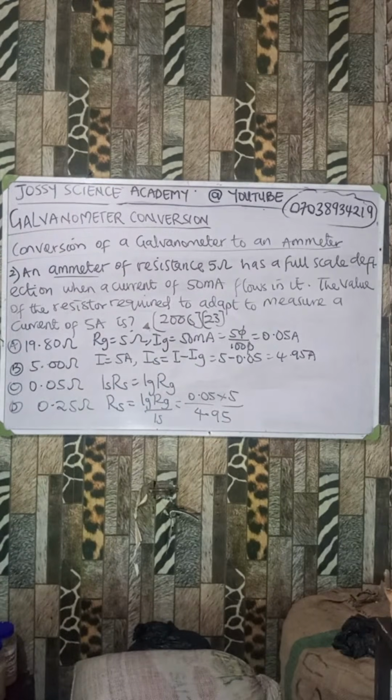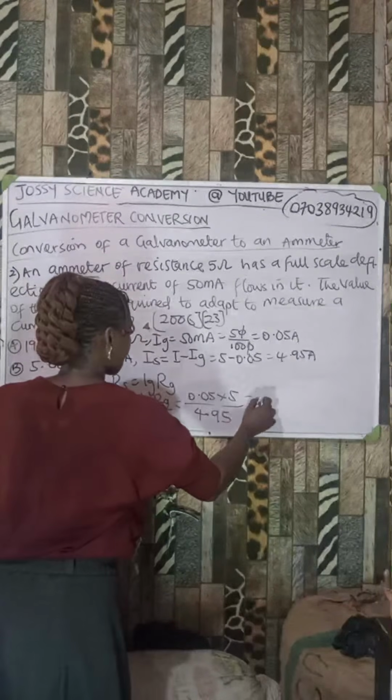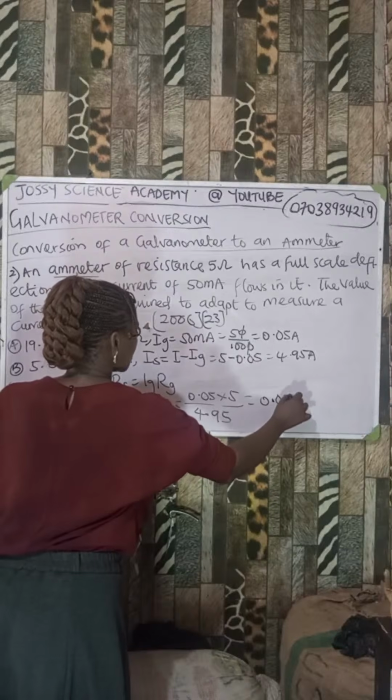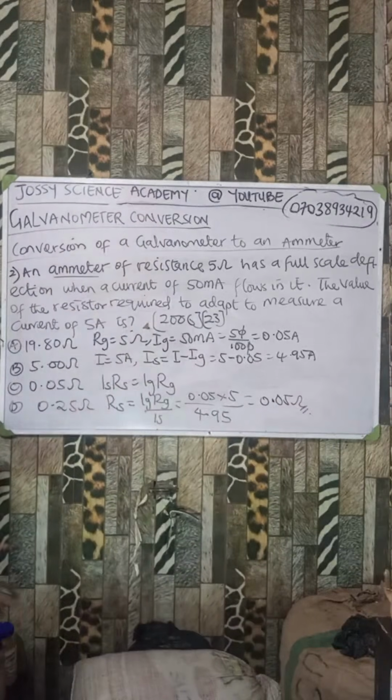So the answer to this question is 0.05 ohms, because this is a low resistance wire. It's a low resistance wire. All right, so that is that. Any question? Any question?